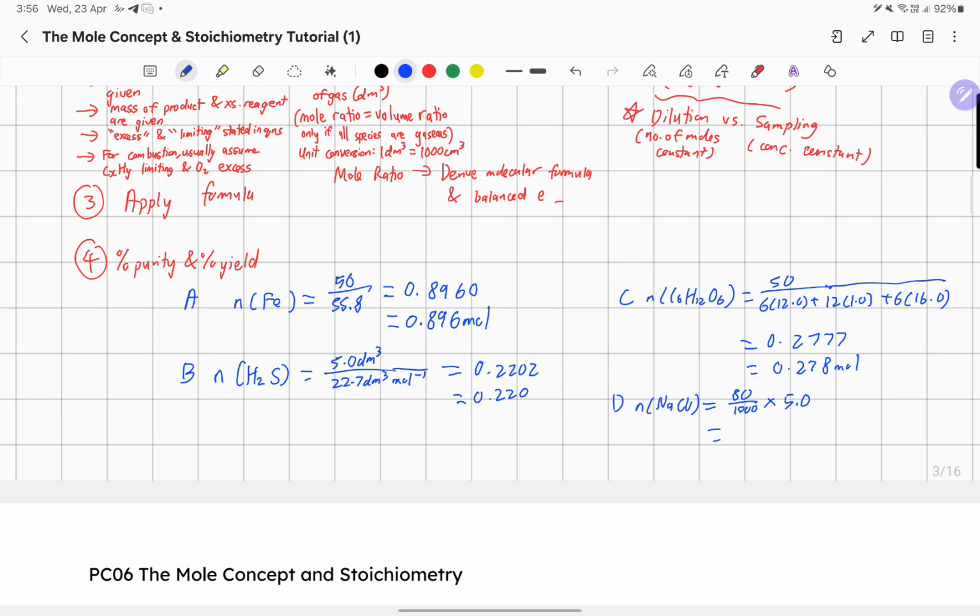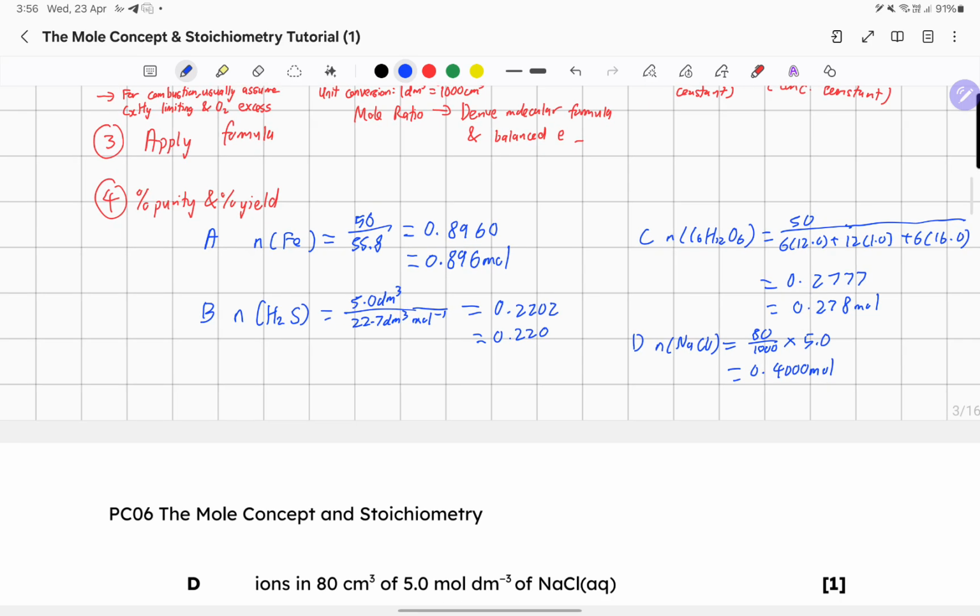Okay, that will give you 0.4000 mole. Okay, if you want to calculate for the ions, it will be multiplied by 2. Okay, and then when you compare these numbers, you realize that this is the biggest and the largest amount of the stated particles.